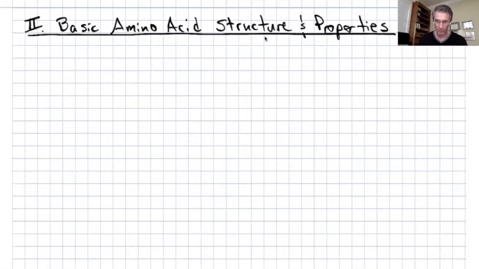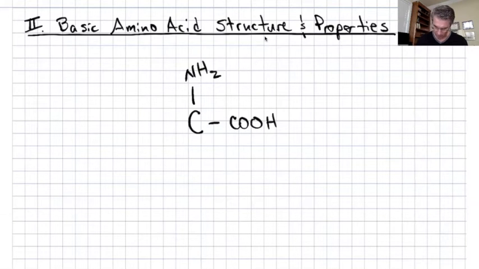So you guys all hopefully remember that basic amino acid structure is sort of centered on a central carbon, which has an amino group, a carboxyl group, a proton, right, and a so-called side chain, which we'll just label with an R for now, right?